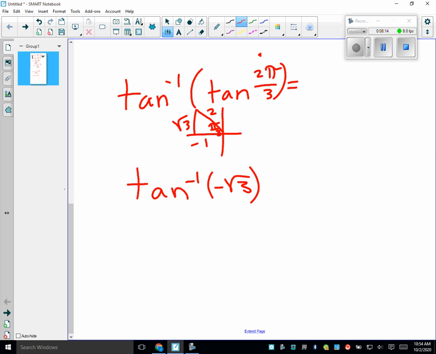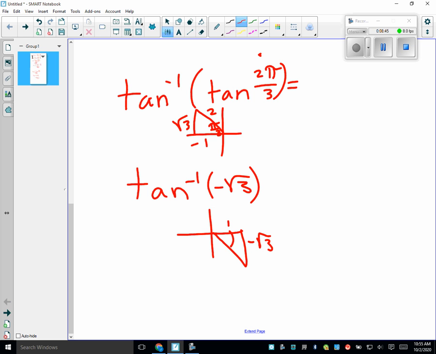What quadrant is that in? 4? So it's down here. And this is negative radical 3, and this is 1, correct? What is this angle? No. The reference is pi over 3, but what is the angle?